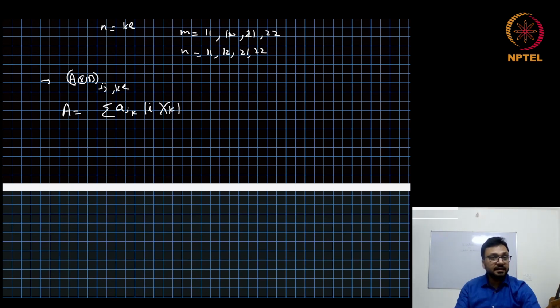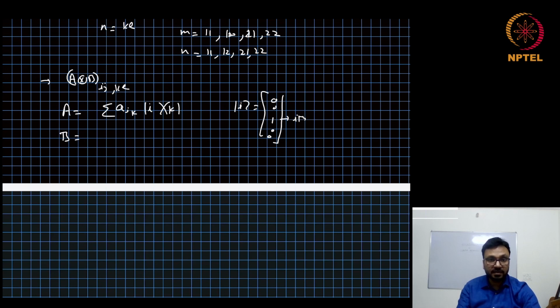So we can write matrix A in terms of the computational basis i, which is 0, 0 and 1 at the ith place and 0, 0 everywhere else. Then k is also like that. So matrix A can be expanded in terms of the coefficient aik and the computational basis.